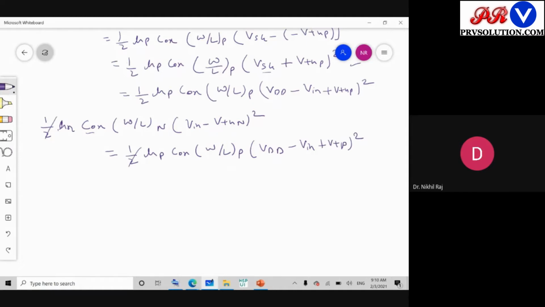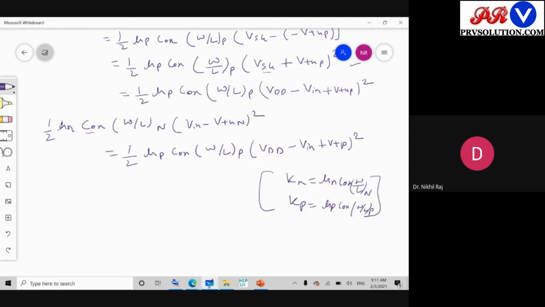Or else, instead of cancelling out, let us write in terms of Kn and Kp. If you recall, we derived one constant Kn equals mu n Cox W by L of n, and Kp is mu p Cox W by L of p.